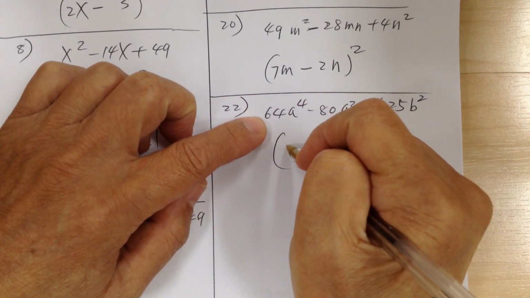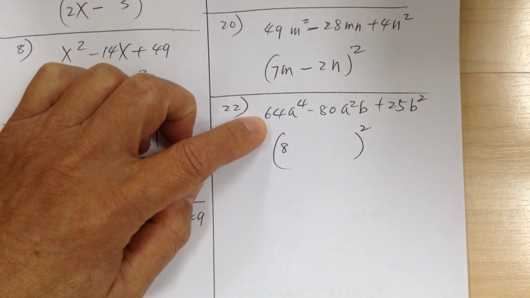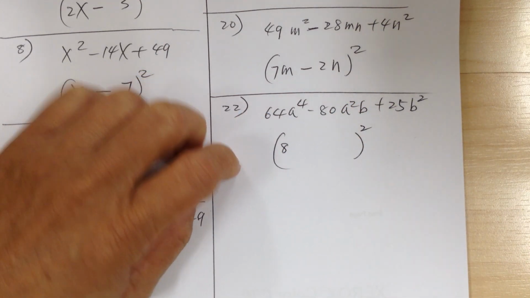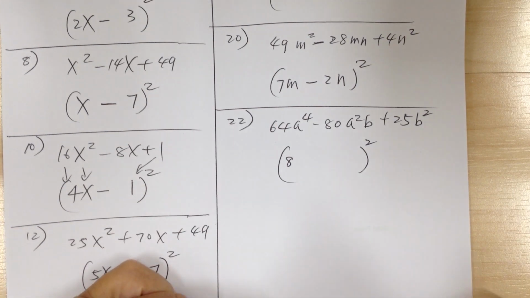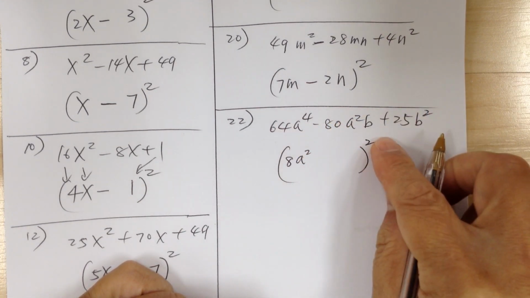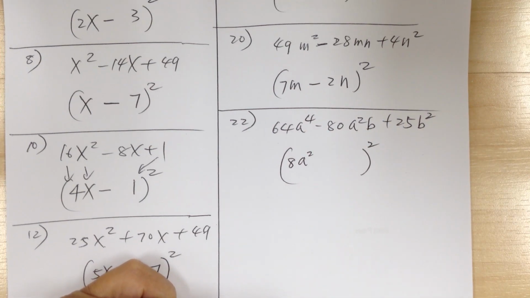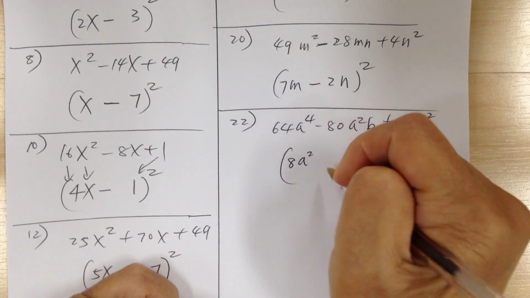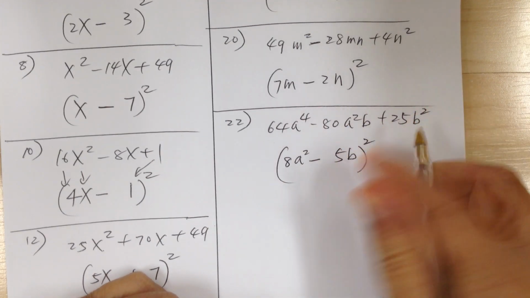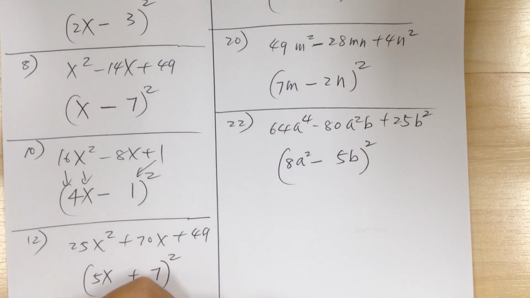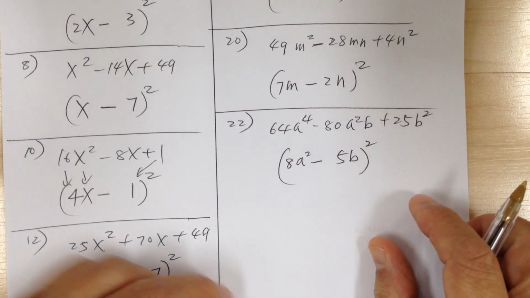Okay, so need to get 8. Okay, now 8 squared gives you 64, and then you need to get a squared. A squared gives you a to the 4, and then you need to get minus. To get this, you need to get 5 and a b, right? 5 squared gives you 25. B squared gives you b squared.